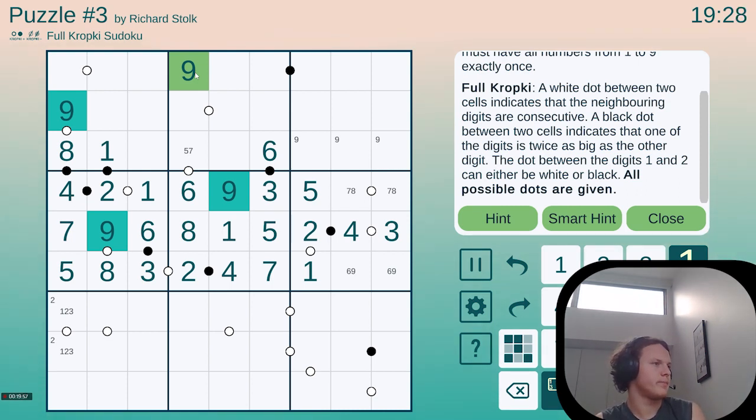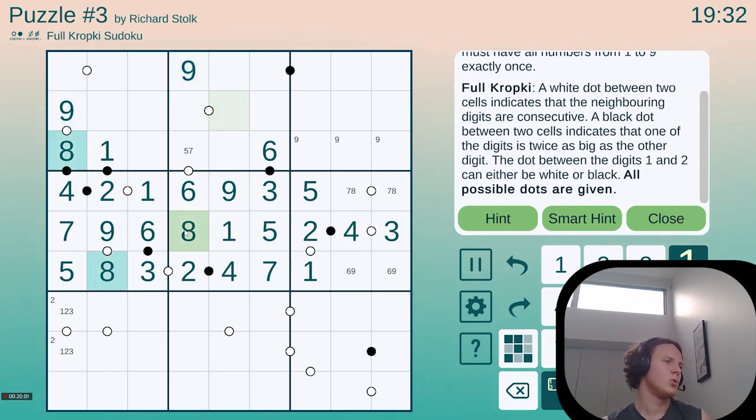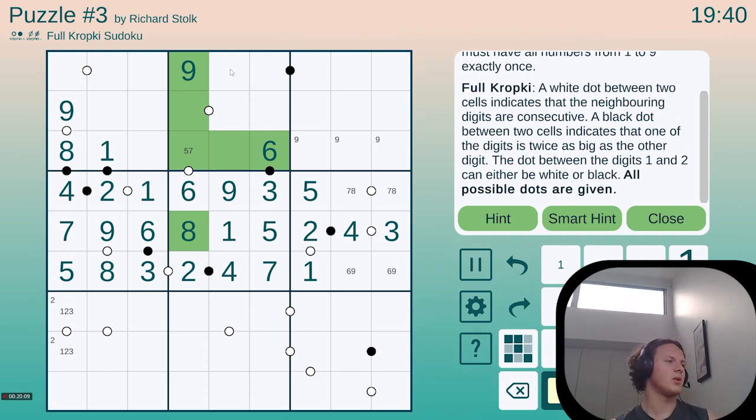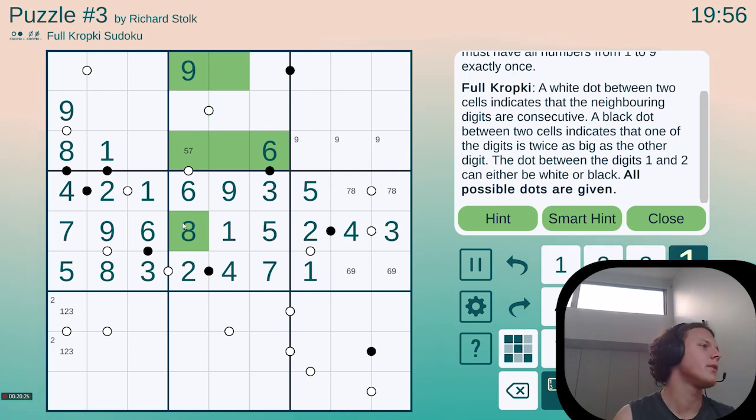Not much. Ooh, actually, we can look at the 8. So we know the 8 can't go there, we know the 8 can't go there. But the 8 can't go there, because then it would be consecutive. But the 8 can go everywhere else, can't it? So if the 8 was there, the 7 can still go there.